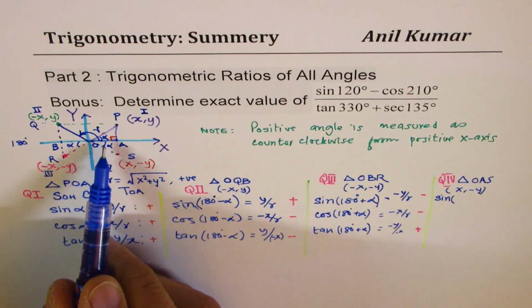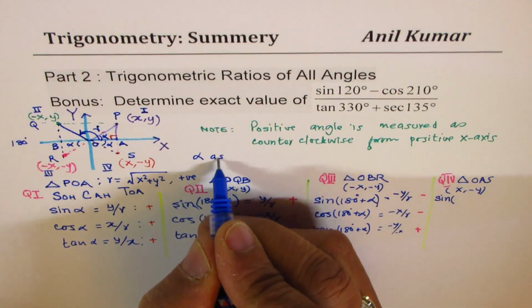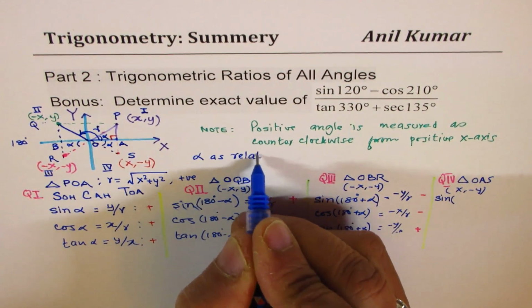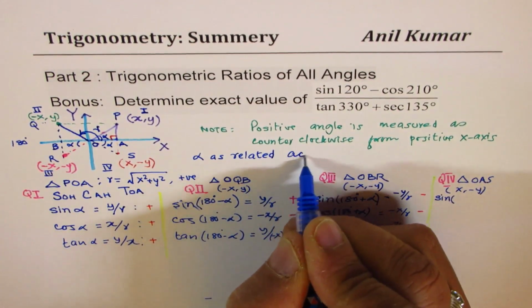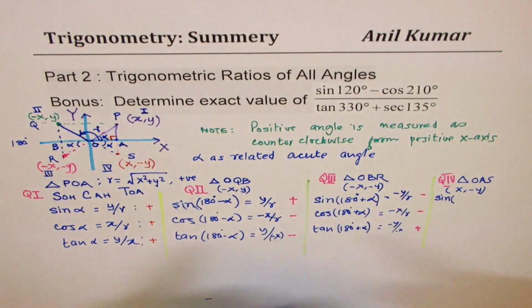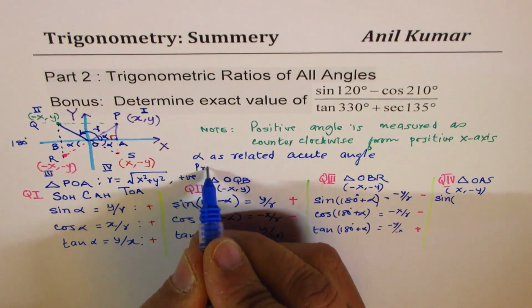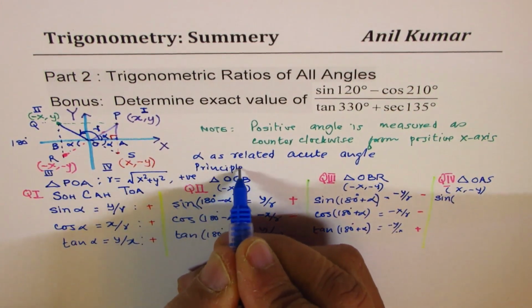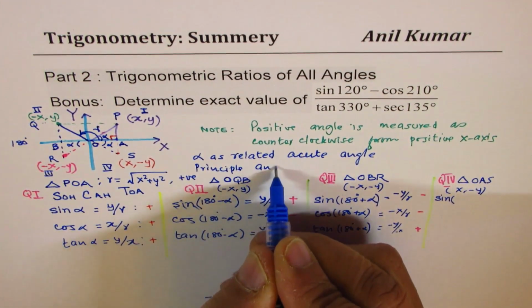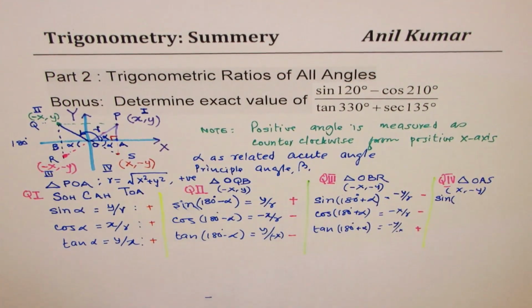We always call this the related acute angle. So we'll refer to alpha as the related acute angle. Is it okay? Now, the principal angle is what I'm writing here. Let's call that angle beta, and all this is beta, okay?